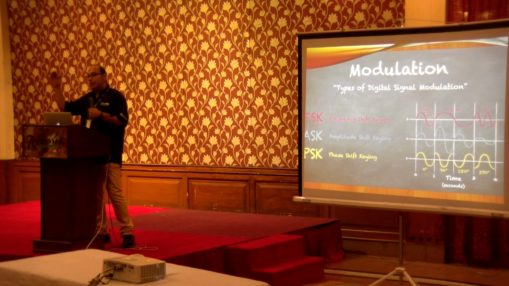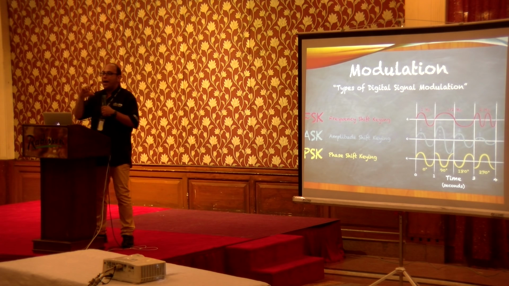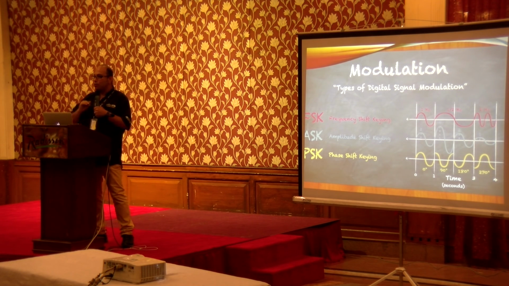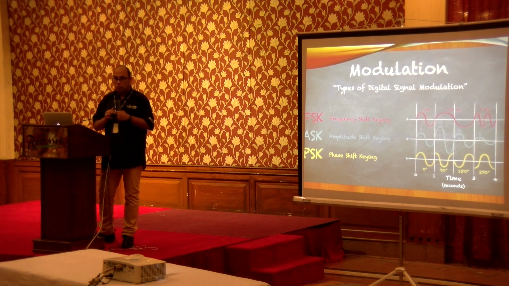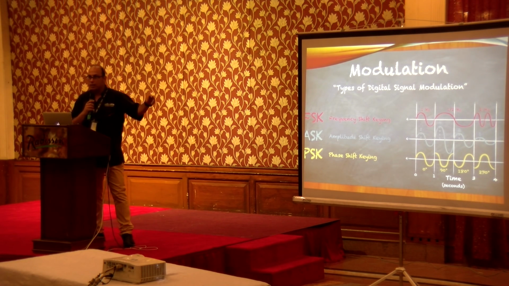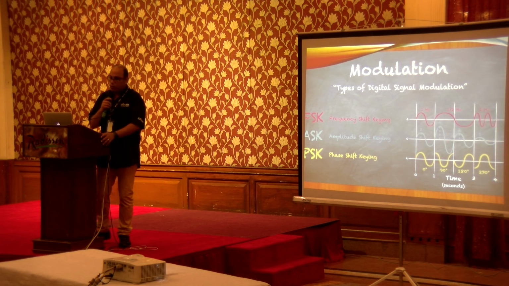Sometimes you need a higher frequency, sometimes a lower frequency. Sometimes with low amplitude your wireless link works fine, but sometimes you need higher amplitude. So modulation is changing the properties of the signal, no matter amplitude, phase, or frequency.